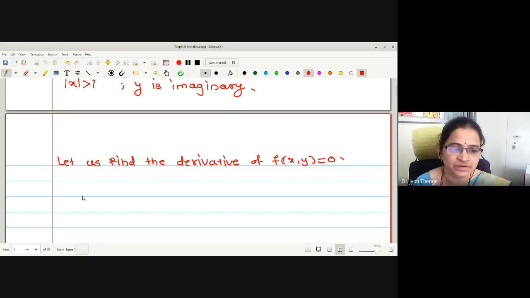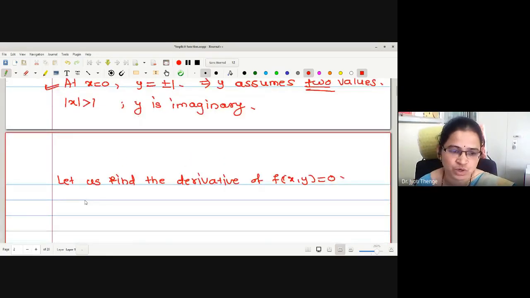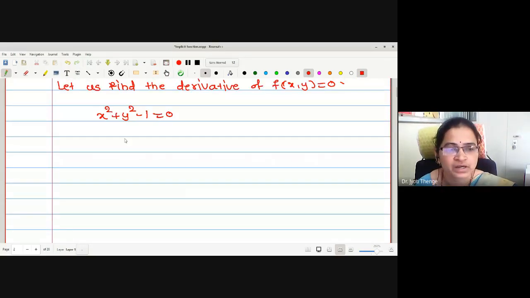The function is x square plus y square minus 1, equal to 0. Right? Then let me take the derivative. Let me differentiate with respect to x. So this is 2x, plus 2y dy by dx. Correct? This derivative is equal to 0.